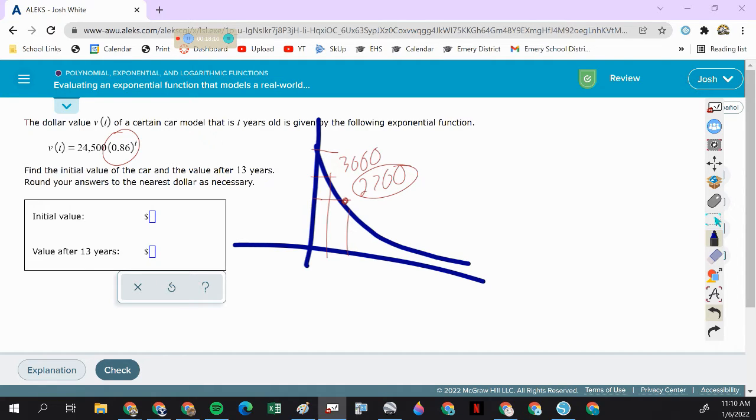So we're multiplying 86% by a smaller number. Up here, we started with 24,000, and we lose a certain amount. But now the car is worth less, and 86% of a smaller number is going to be smaller than the original amount.